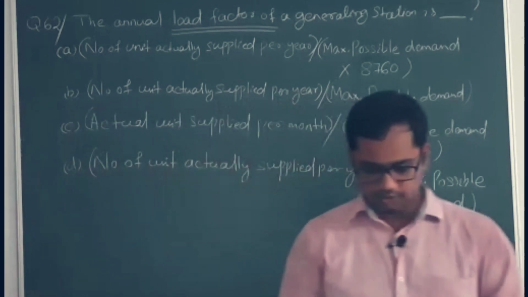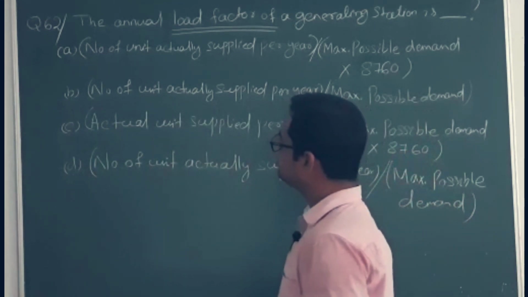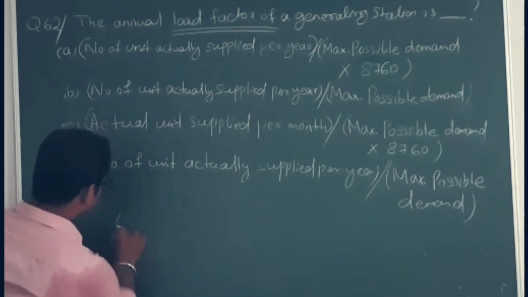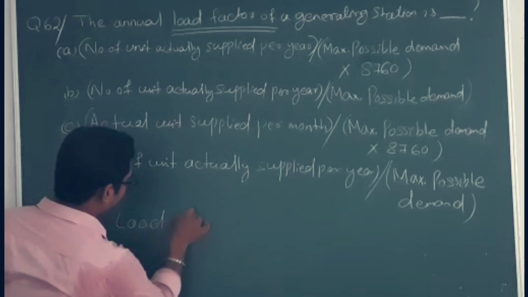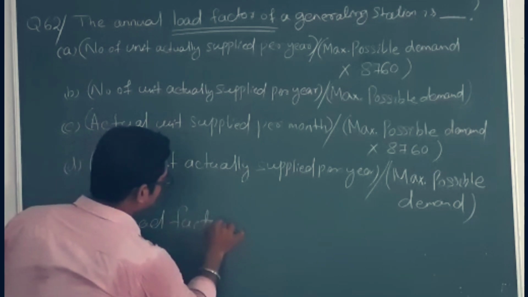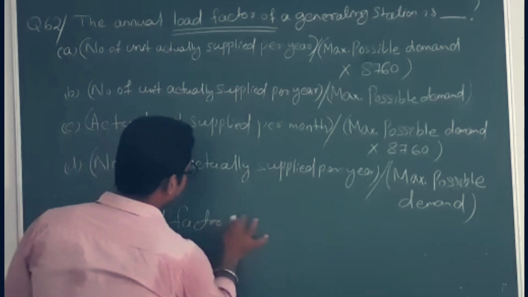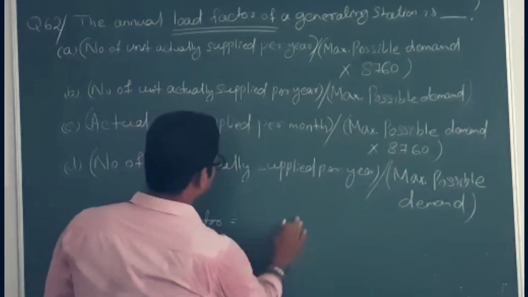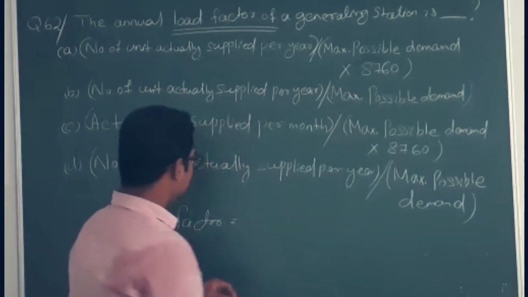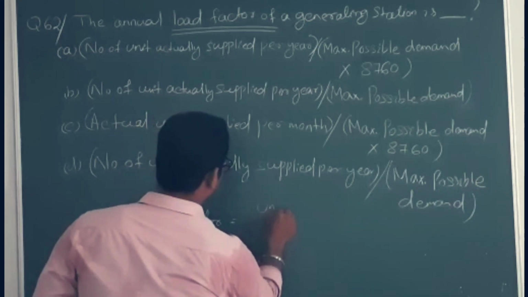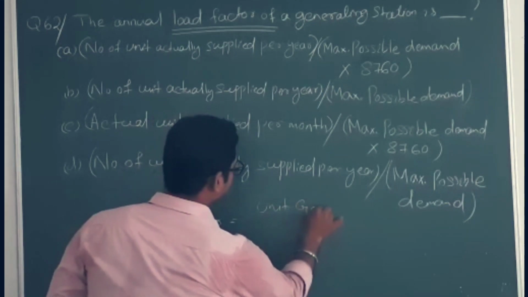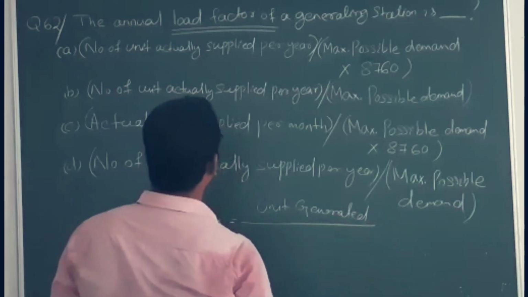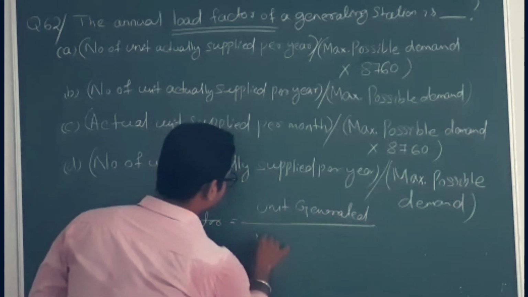For the load factor, the formula is: load factor is equal to units generated divided by maximum demand.